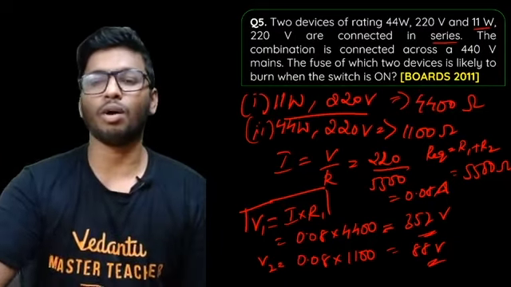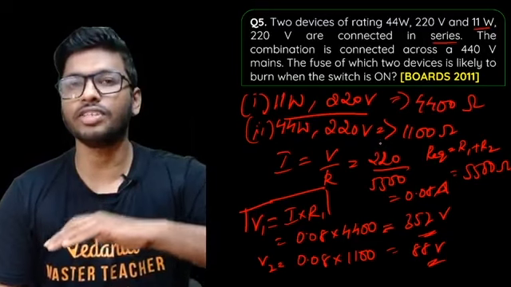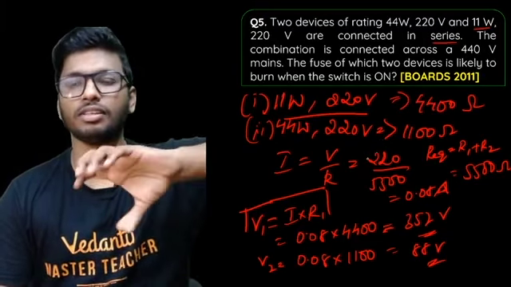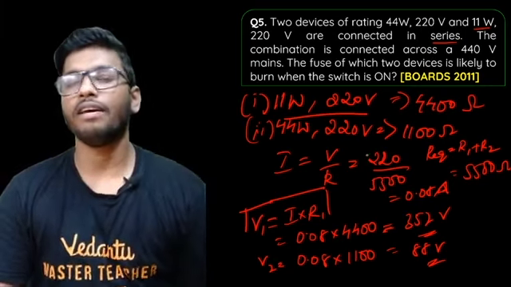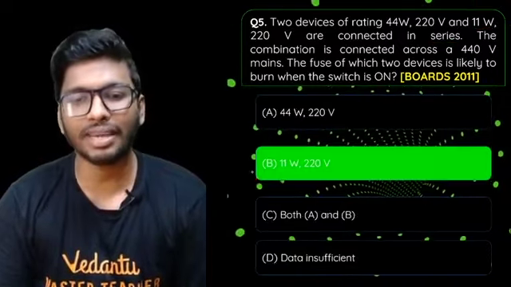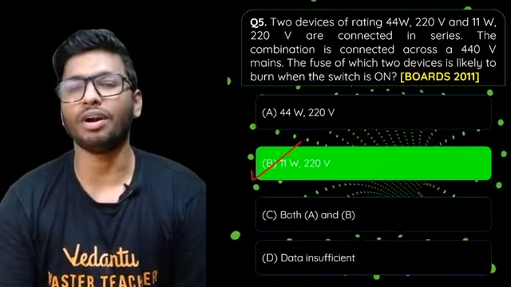So the answer would be option number A, guys. That will be the one which would fuse first, because the voltage is exceeding 220 volts, which means the current flowing through the circuit would also be more, which means that this could lead to a short circuit. That is 11 watt and 220 volt.